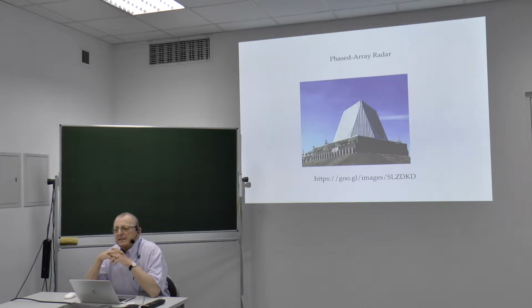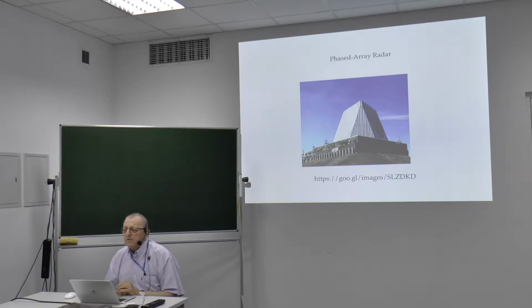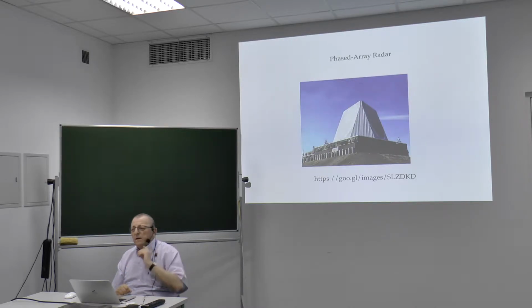And this is one possible geometry where we have lots of little detectors which measure the same object, and out of that they can easily recognize the shape. The phased radars can also look, and that is an interesting geometry problem, they can also look over the horizon.